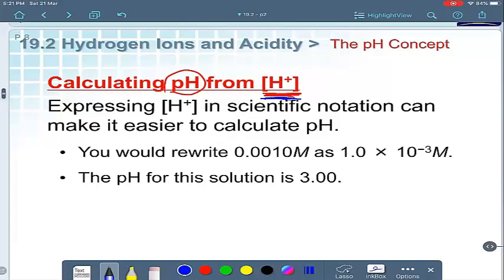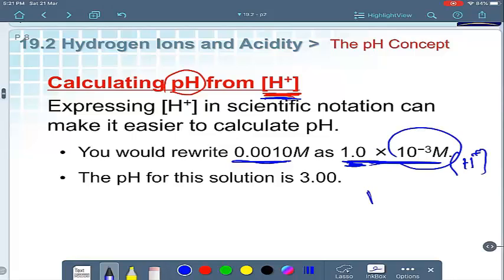If you have a molarity of H+ like this, you can express it by this method or this method: 0.001, the same as 1 times 10 to the power of negative 3. So it's easy. If the coefficient here is 1, so 10 to the power of negative 3 H+ concentration means pH equals 3. Yes, it's easy.